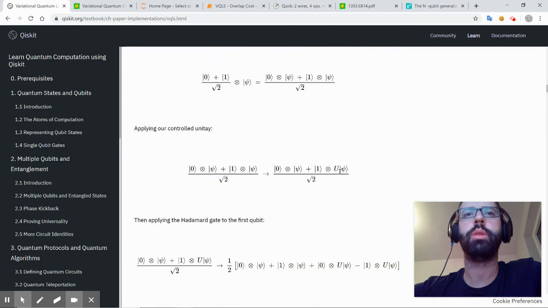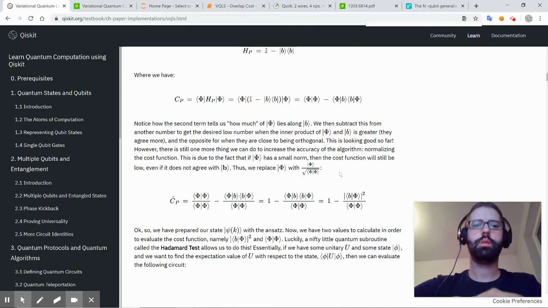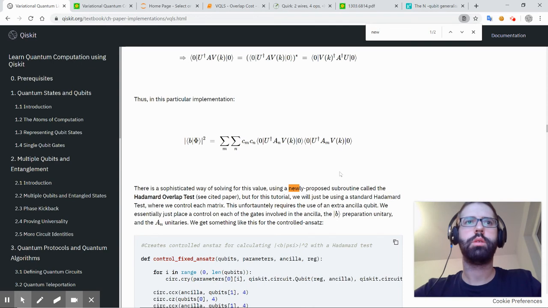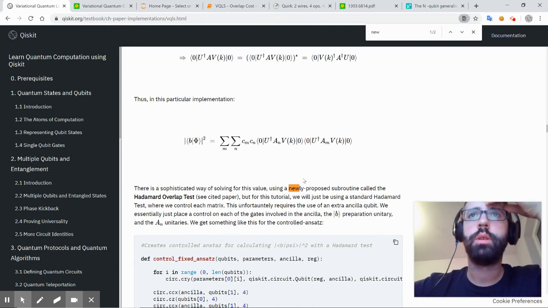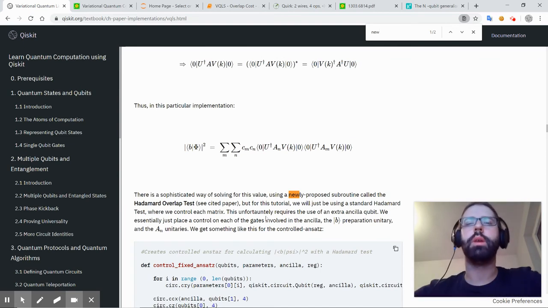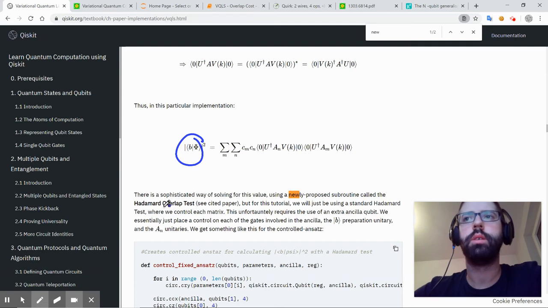Because with the overlap test, okay, so what they say is that these can be calculated with the overlap test, but not the whole thing, right?